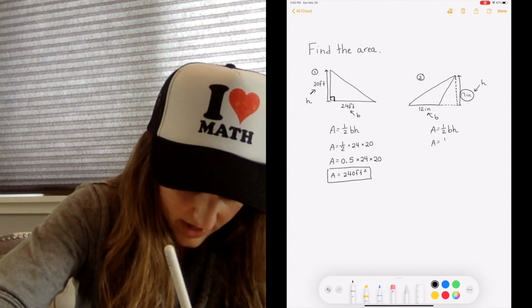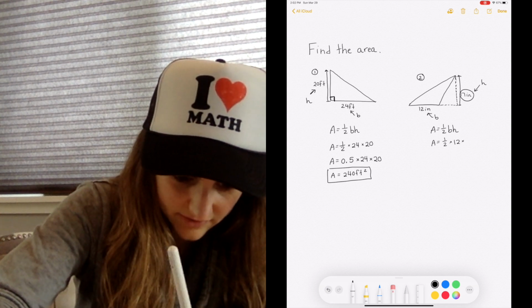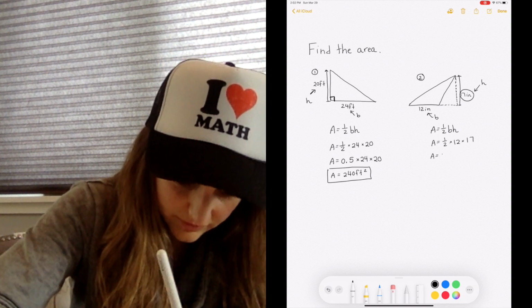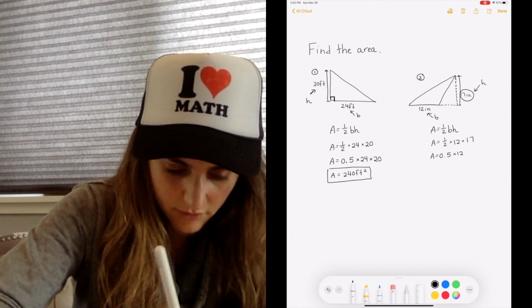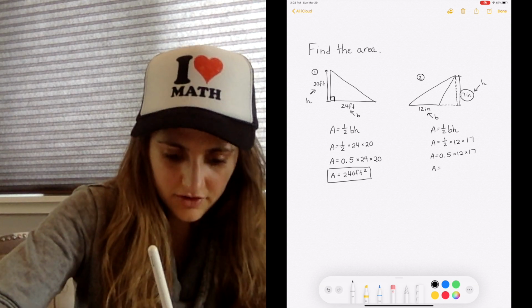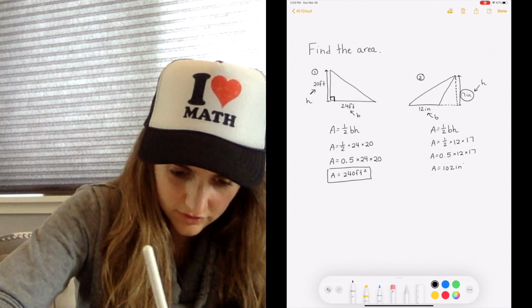A equals 1/2 times my base of 12 times my height of 17. I'm going to rewrite this using 5/10 instead of the fraction form of 1/2 times 12 times 17, and that gives me my final answer that the area of this triangle is 102 inches squared.